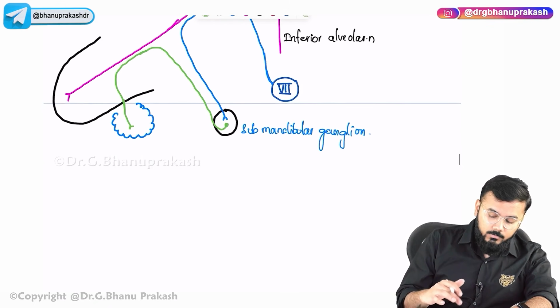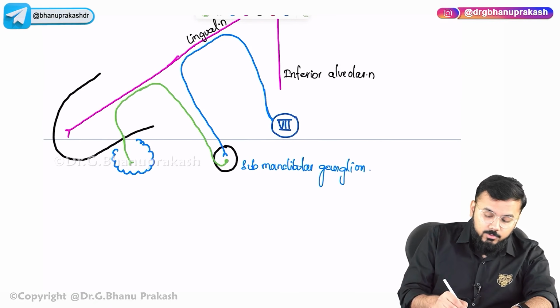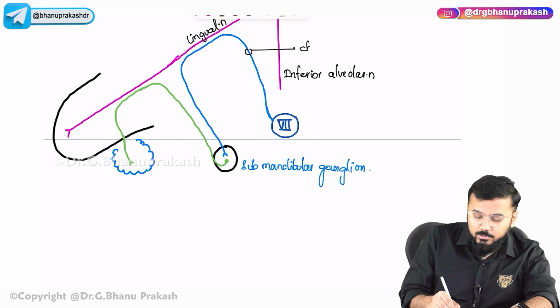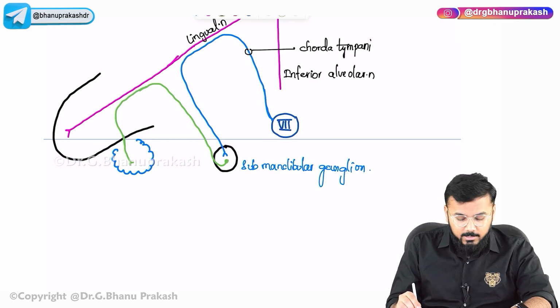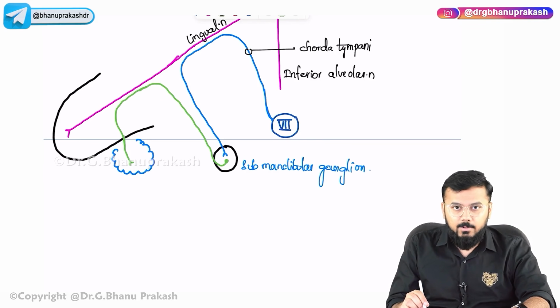So what is happening over here? This particular branch is called chorda tympani. Chorda tympani is a branch of facial nerve. So this is a preganglionic fiber that will end up in your submandibular ganglion.